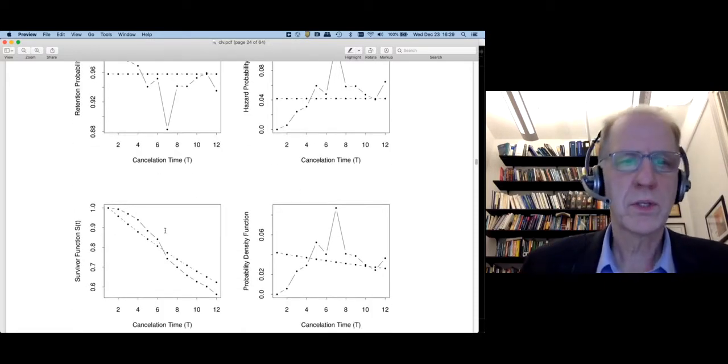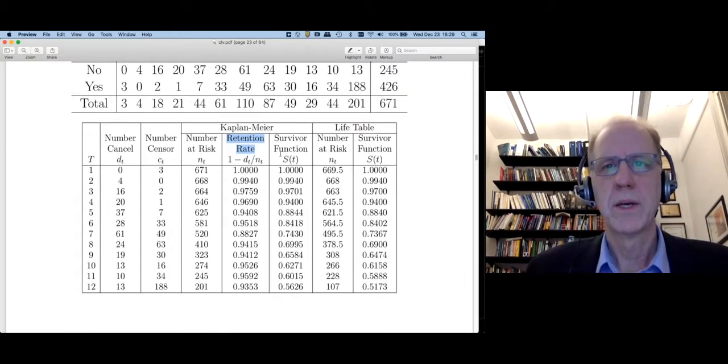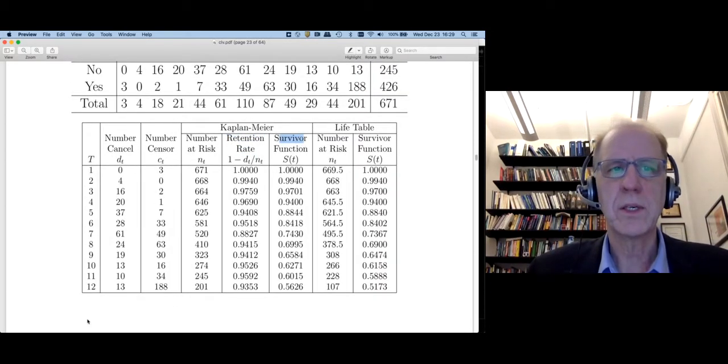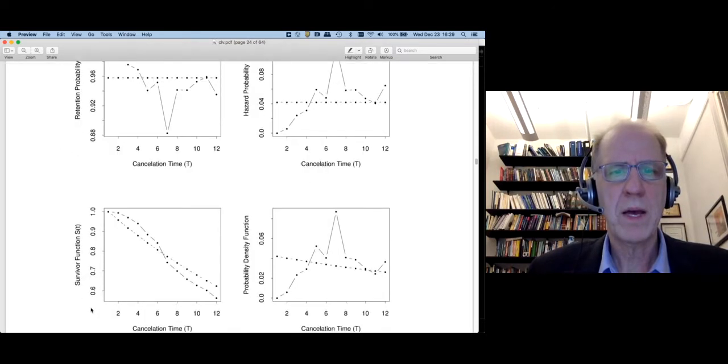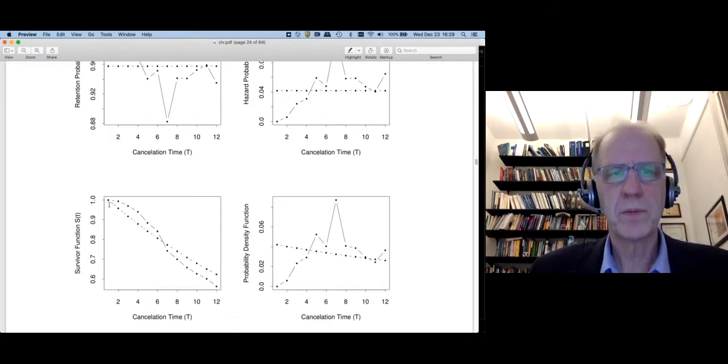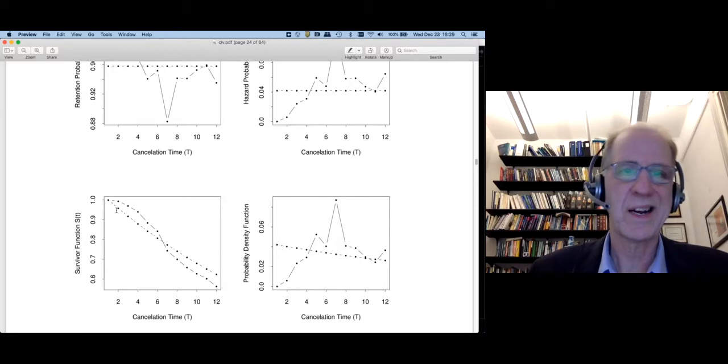We can also look at the survivor function, so let's plot this column against t, and compare that with the simple retention model estimator. The simple retention model just decays geometrically. We're just multiplying by r sub t, which is a constant.